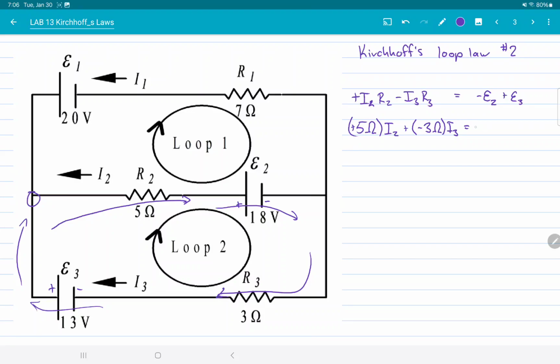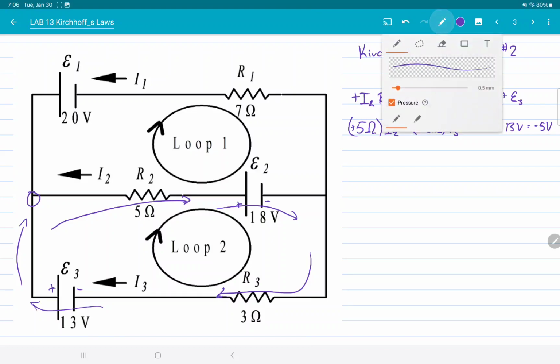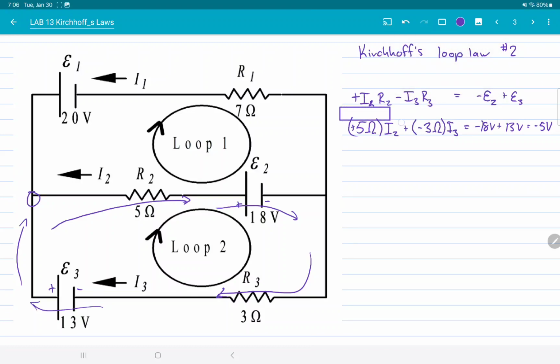Epsilon 2 minus 18 volts and plus 13 volts, or minus 5 volts altogether. So we now have our third independent equation.